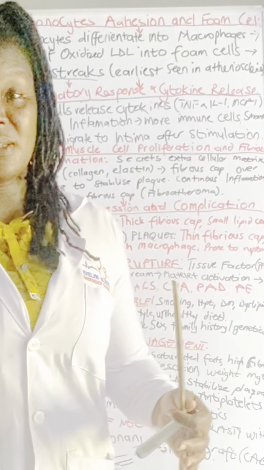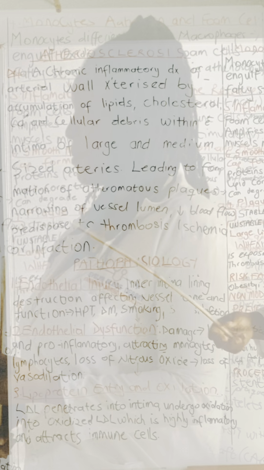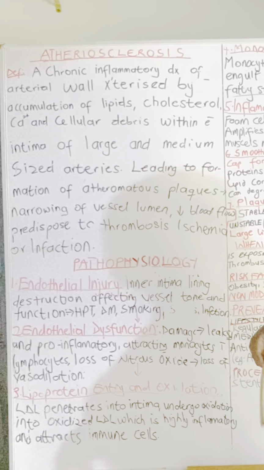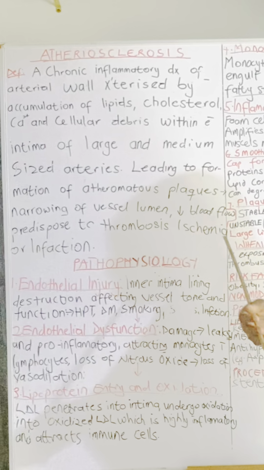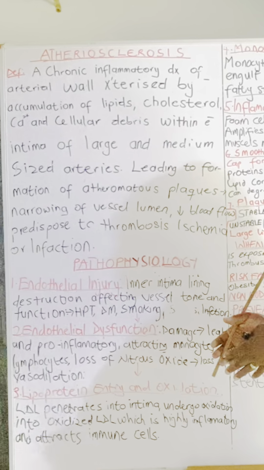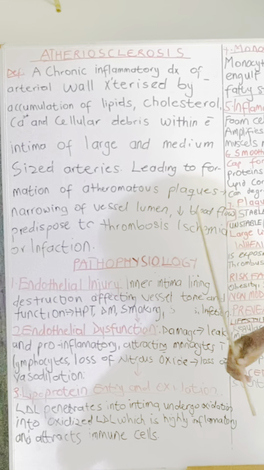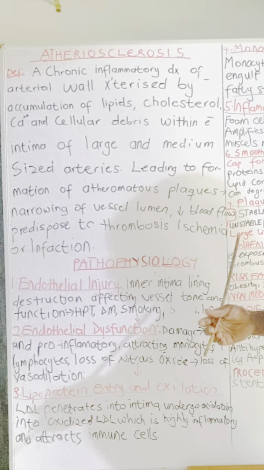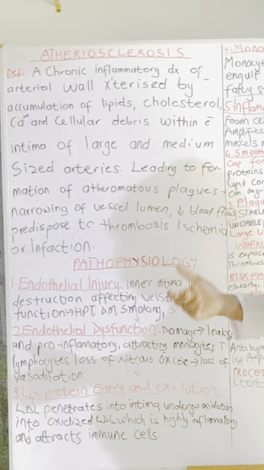Okay, so basically we've been talking about atherosclerosis. We said it is a chronic inflammatory disease, characterized by accumulation of lipids, cholesterol, calcium, and all that. At the end of the day, there's going to be narrowing of your lumen. Then we spoke about how it happens. Usually you're going to have an endothelial injury, which is going to cause a lot of inflammation.